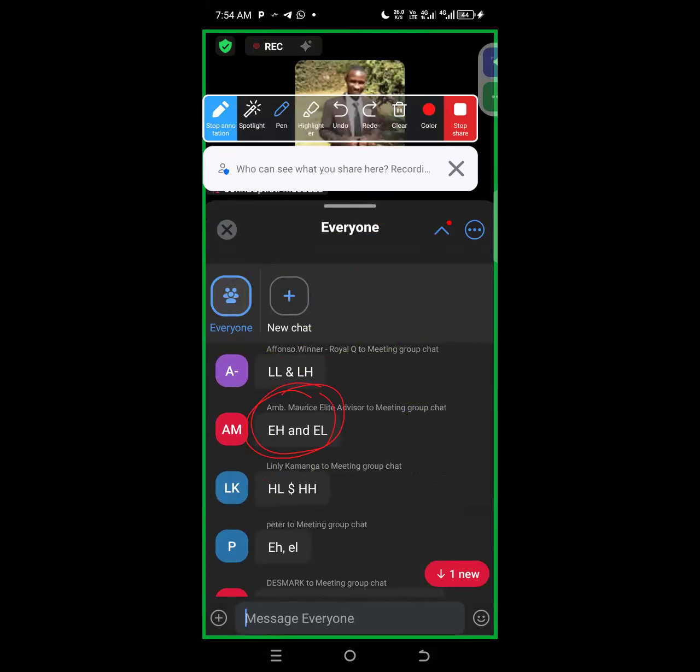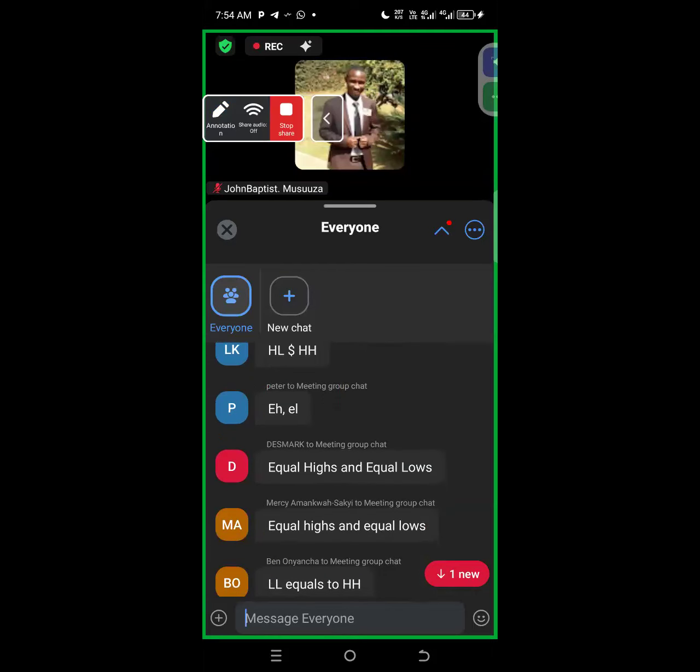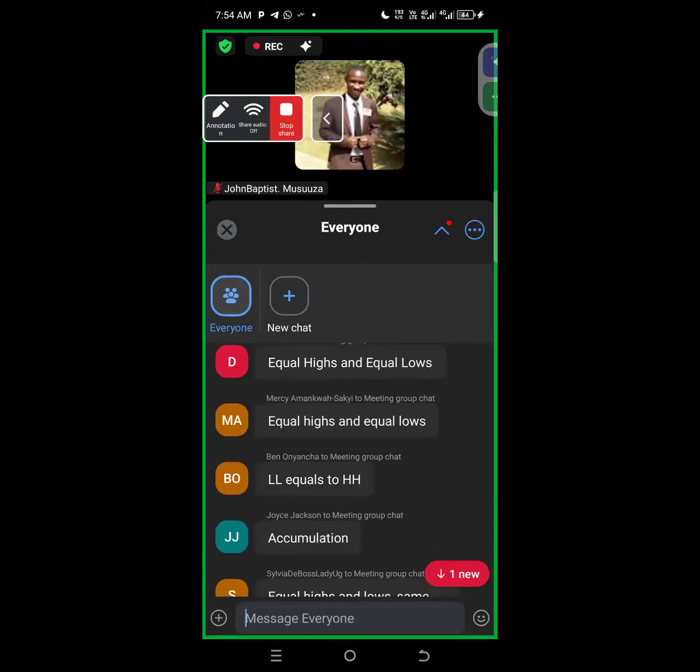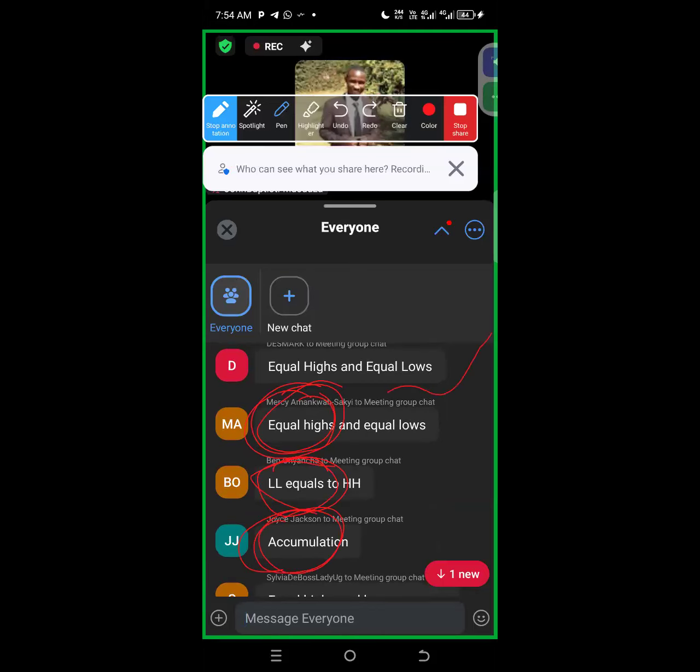Equal highs, equal lows. So where from this, Linley, higher low, higher high? No, it is equal highs, equal lows. Yes. So Lily, correct that mistake. Yes. So equal highs, equal lows.